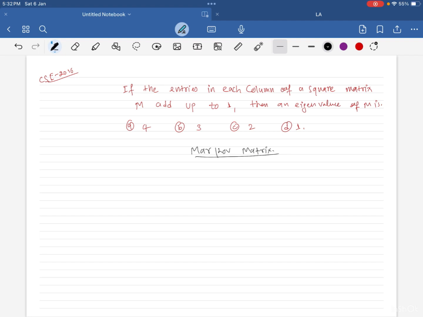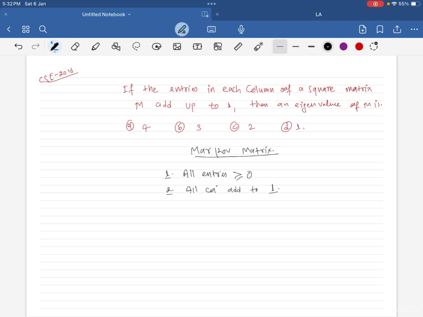The point is that if this matrix has all entries greater than or equal to 0, then we call it a positive Markov matrix. And the second thing is that all columns add up to 1.